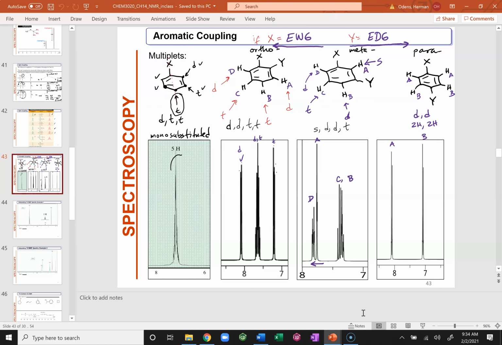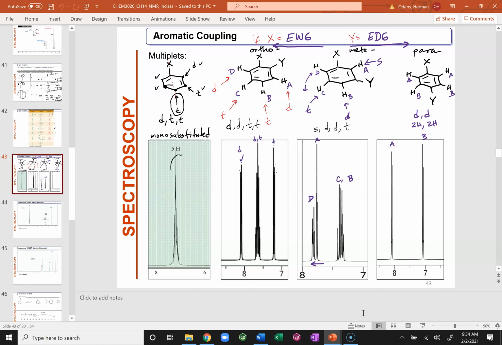And with that, we're going to continue here on NMR spectroscopy. This is the last slide that I talked about last time that we met. I was teaching you the different aromatic splittings, and how to differentiate when it's monosubstituted, when it's disubstituted.